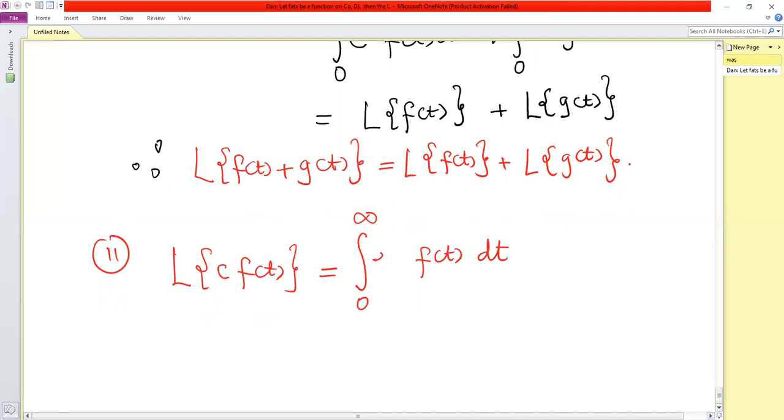Since c is a constant, we can write this as c times the integral from 0 to infinity of e raised to the power minus st times f of t dt.